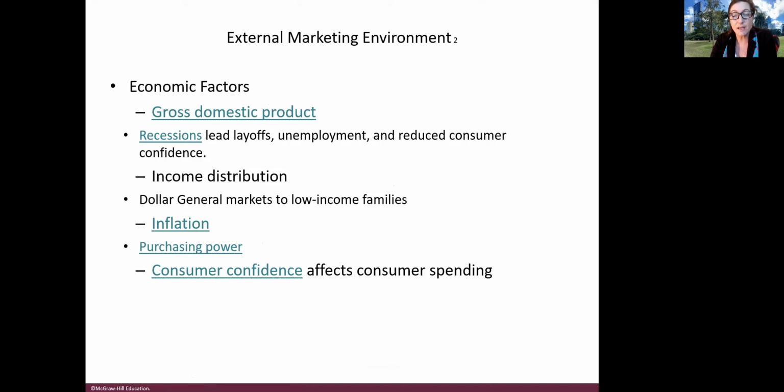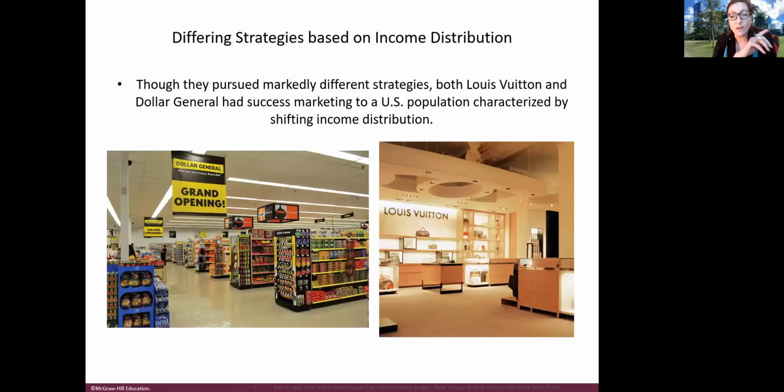And we can see two brands that are quite distinct and very different from each other, the Dollar General brand and the Louis Vuitton brand. Now, what they have in common is that they both use income distribution as a way to position their product, right?